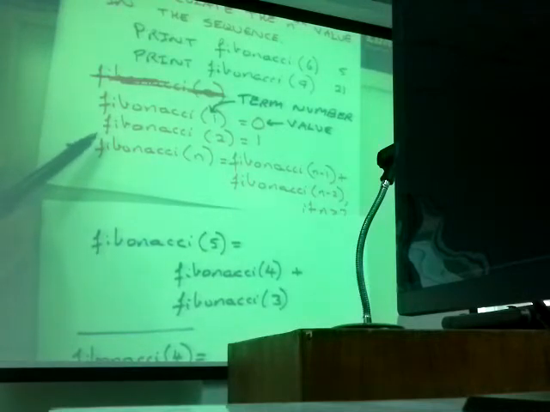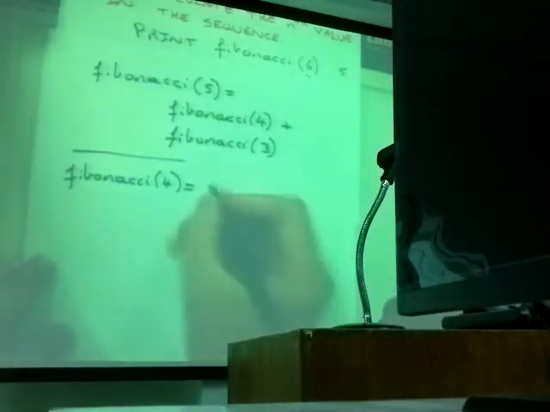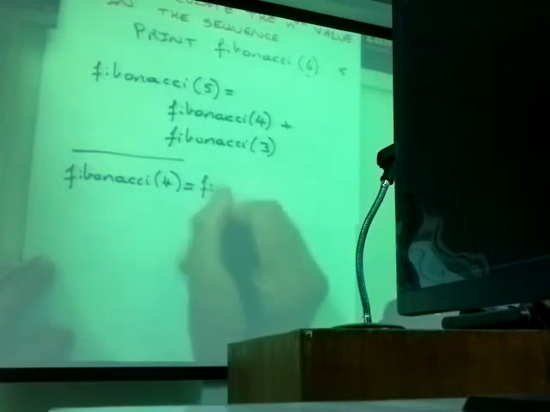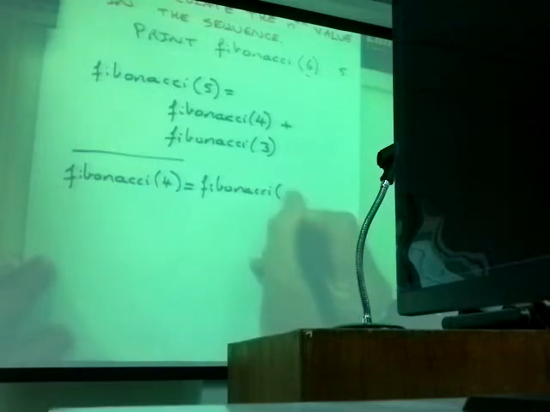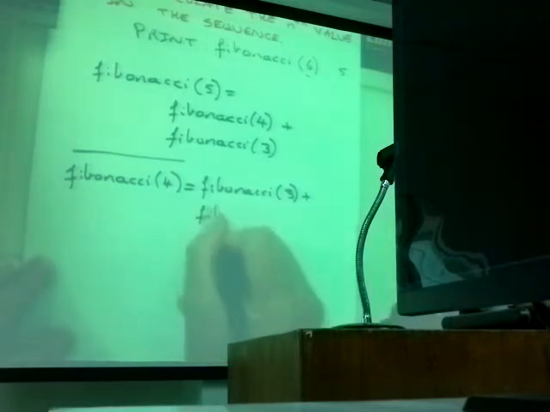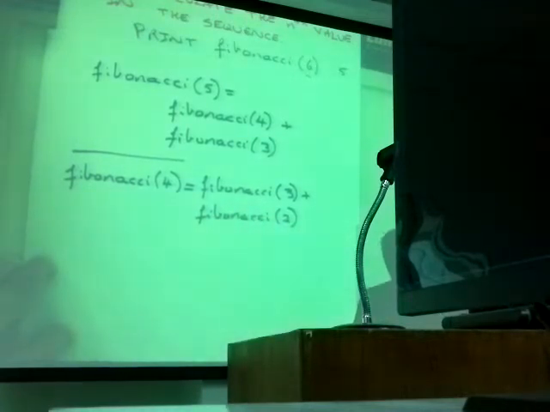No. Is it this one? Yes, because n is still greater than 2. N is 4, so it's greater than 2. So what would this be? This would be Fibonacci 3 plus Fibonacci 2, right?